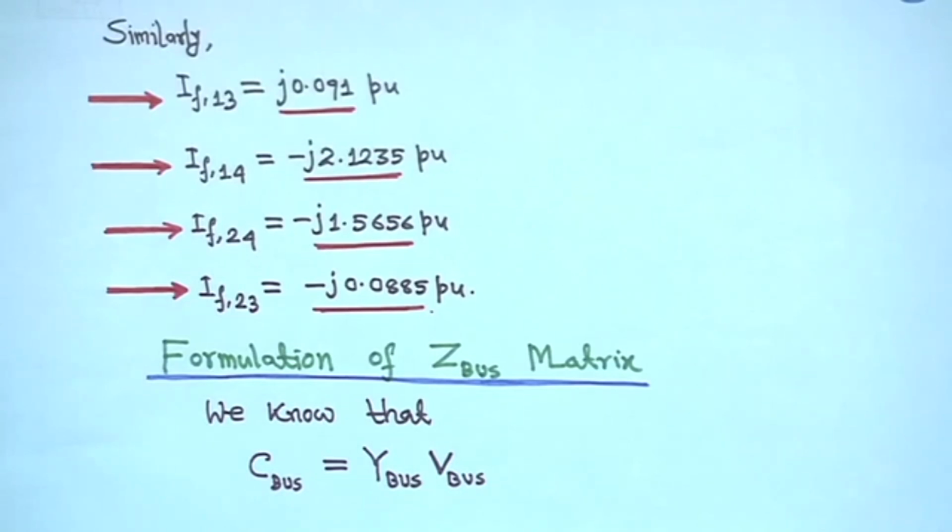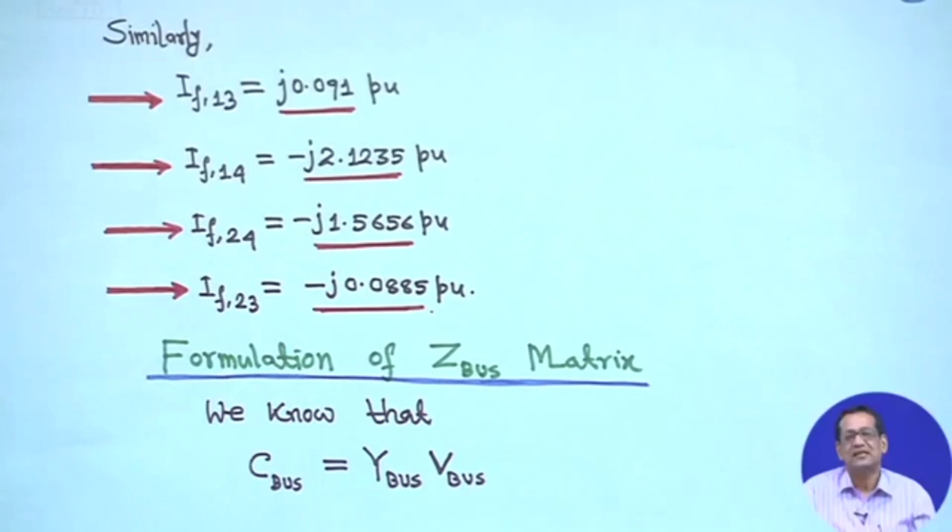So, the intention of this chapter is to show you a couple of examples of fault studies, and the main thing is the Z bus building algorithm, how one can build the Z bus rather than taking the Y bus inverse.